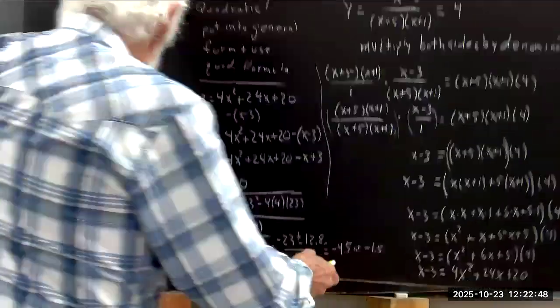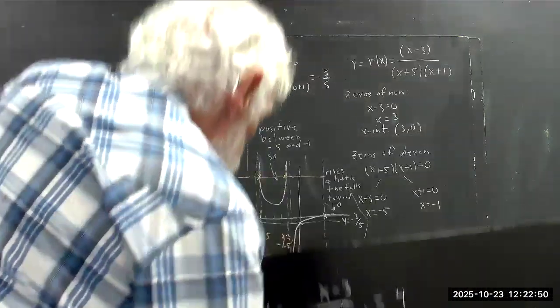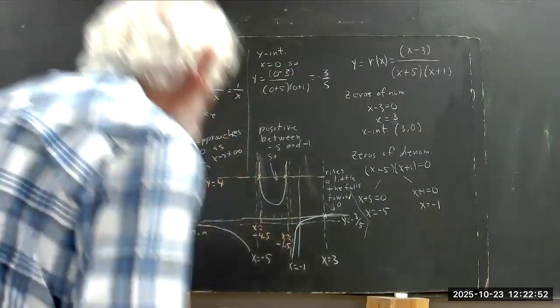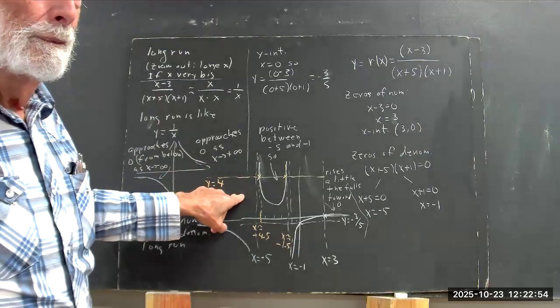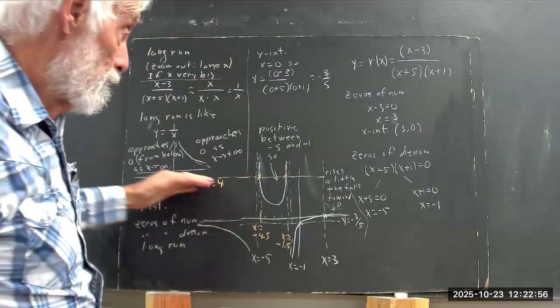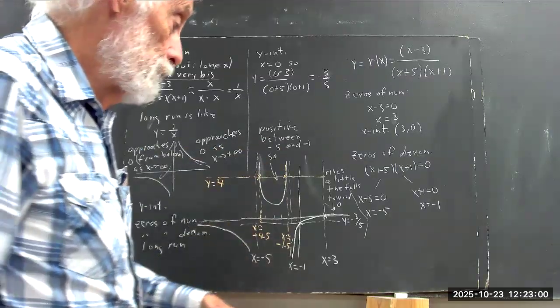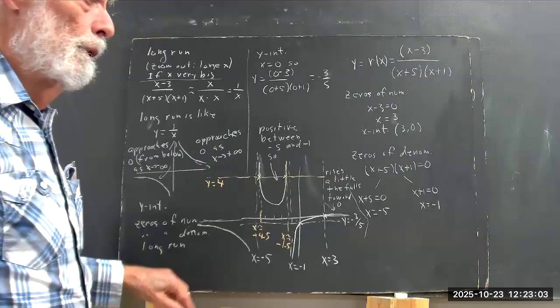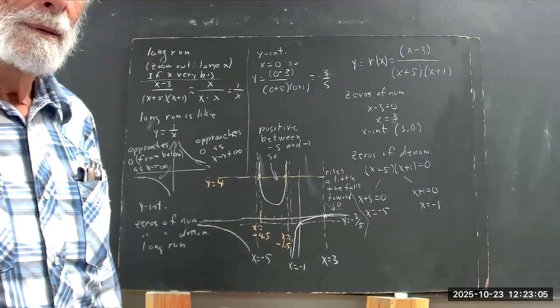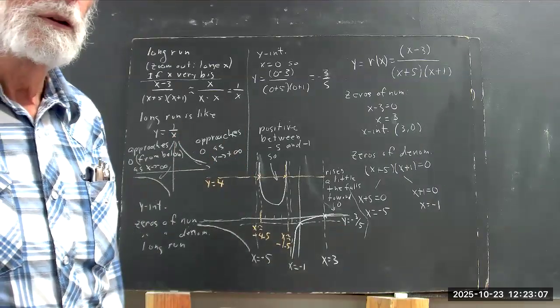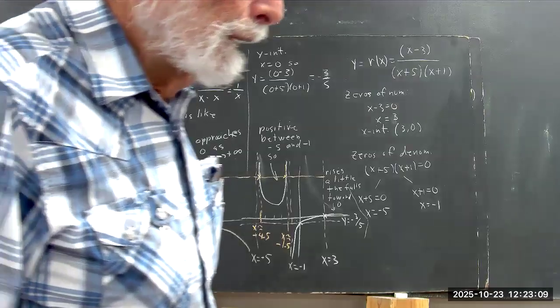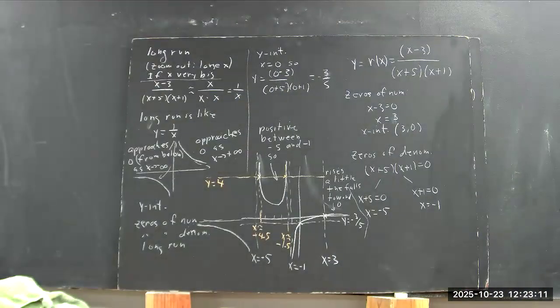We go back to the graph, figure out about where y equals 4 ought to be, about here, and we get estimates that are almost perfectly consistent with our algebraic solution. Okay, well, hopefully that's worth seeing.